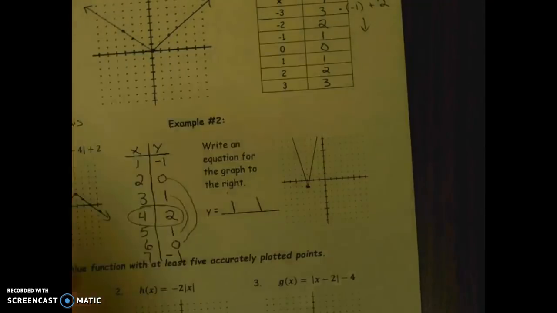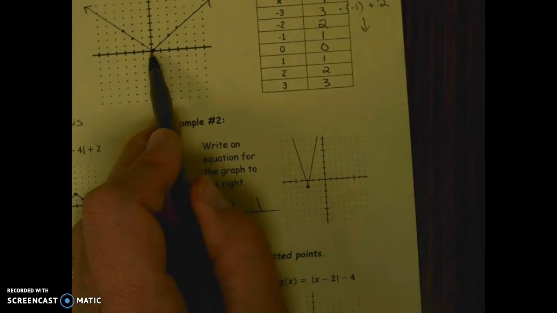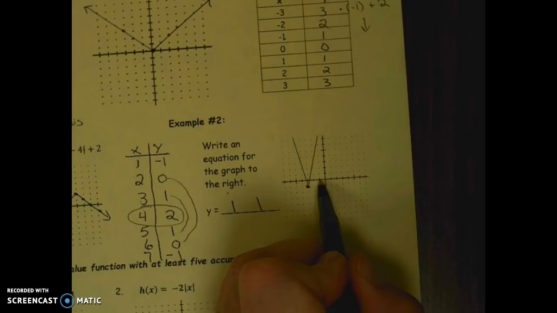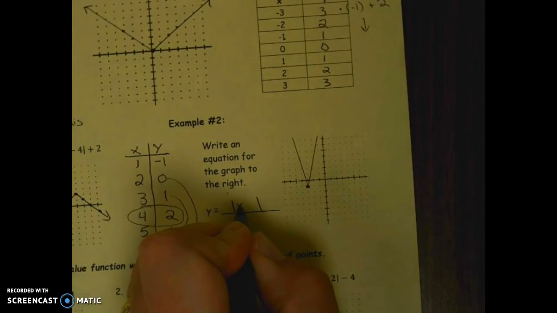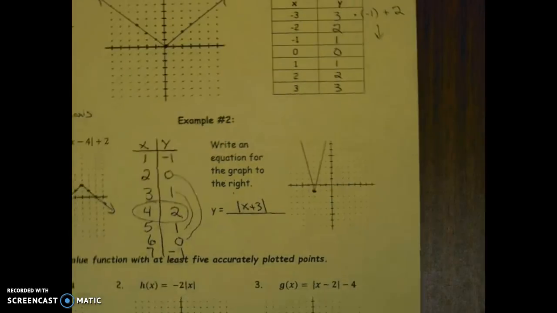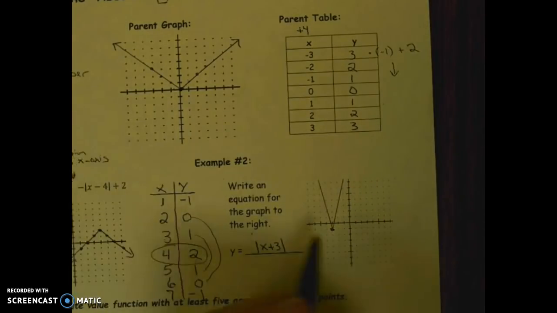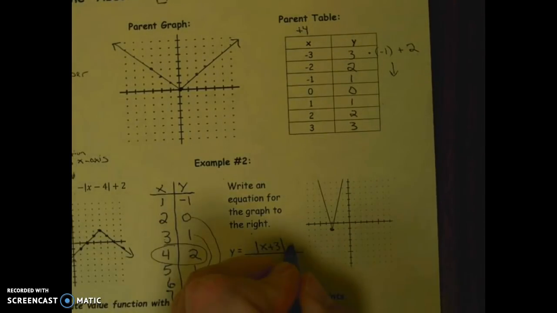It's in the middle, and it moved 1, 2, 3 units to the left. So x plus 3, units to the left, and it moved 1 unit down.